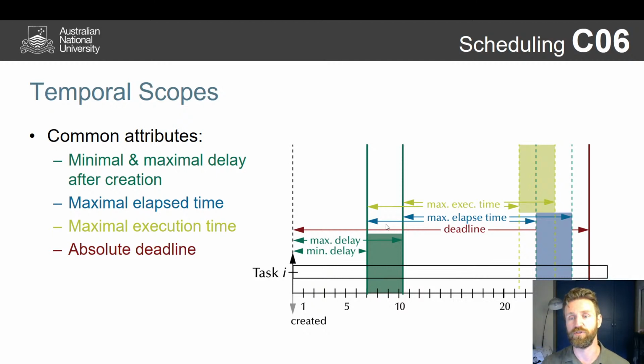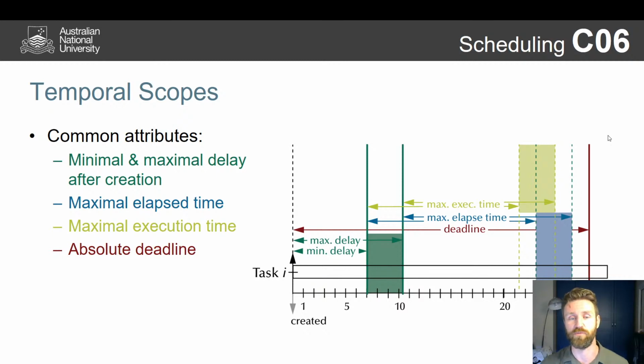We might also be interested in elapsed times, so from when we started executing to when we complete execution of the task, or from when we get access to the system to when we next get access again. If we've got, say, a task that requires regular access to a resource in order to make progress and complete its requirements, we'll be interested in those elapsed times between when it's executing.